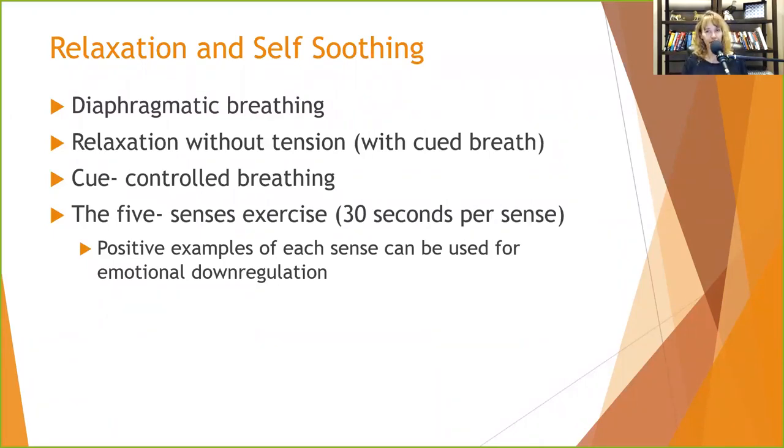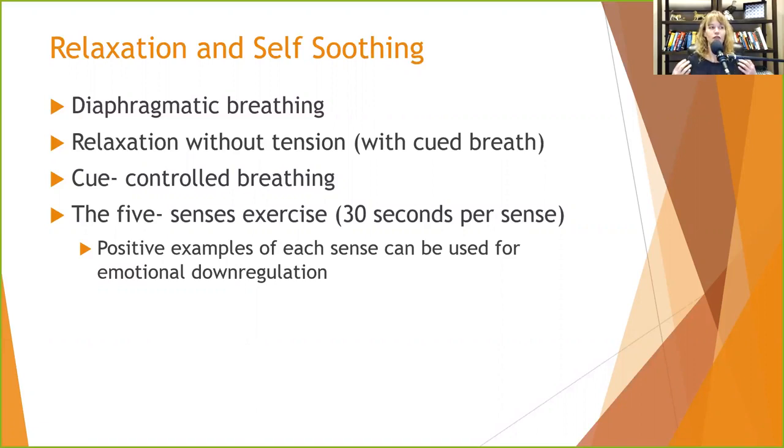Cue control breathing, and the 5 senses exercise. Spend 30 seconds per sense. Think about positive examples of each sense that you can use. So think about a place that you really like looking at, or things that you really like looking at.